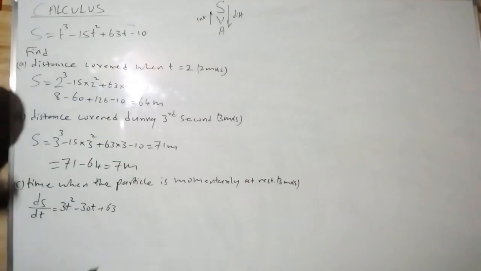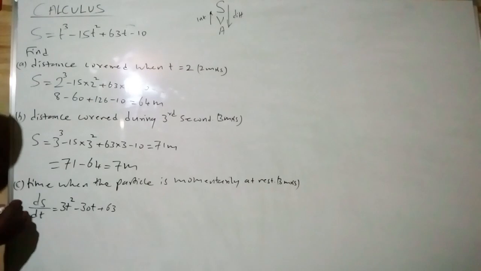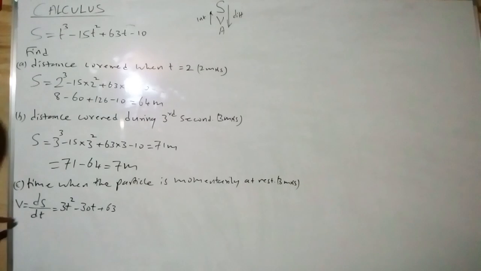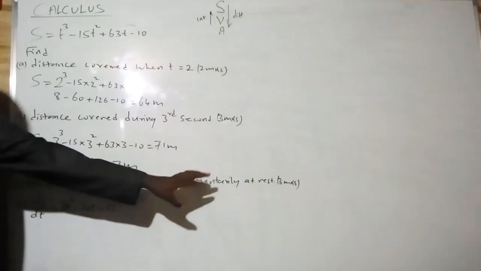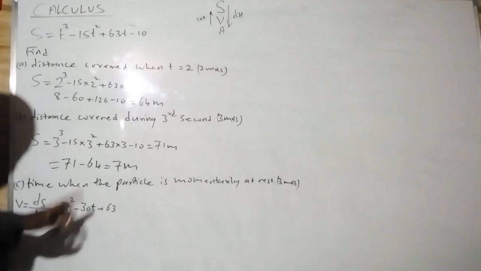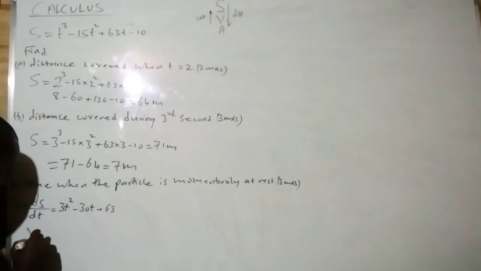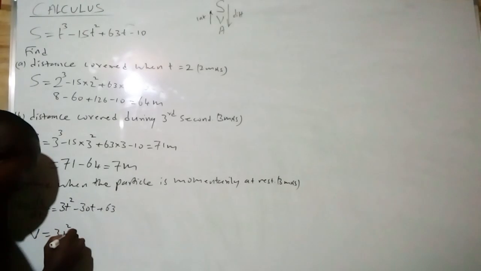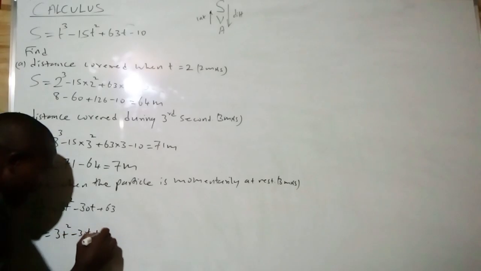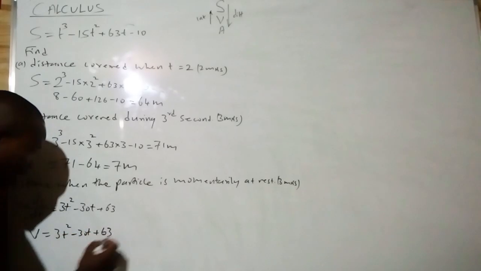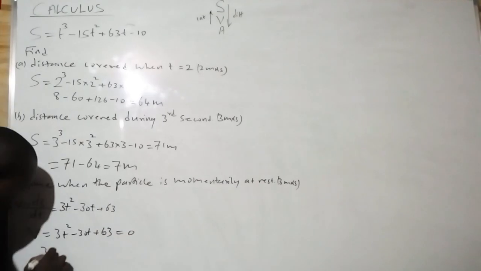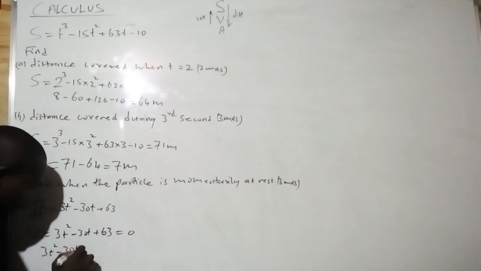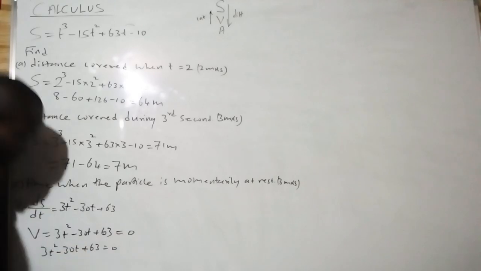This is the equation we are going to equate with 0, because the particle is momentarily at rest when v is 0. v is equal to 3t squared minus 30t plus 63 is equal to 0. 3, 30 and 63 are divisible by 3.